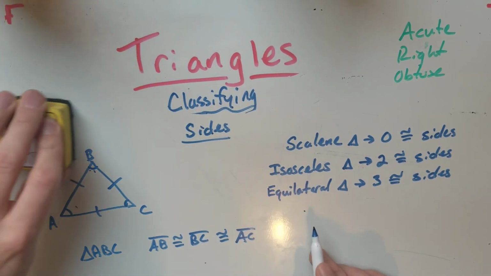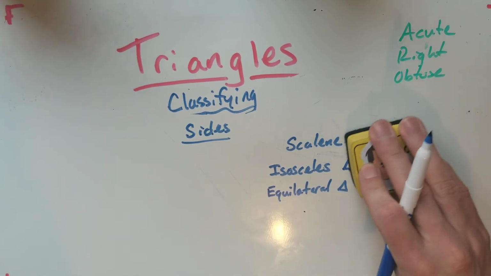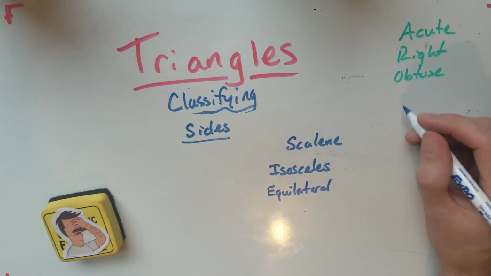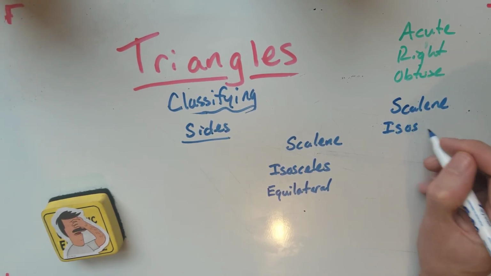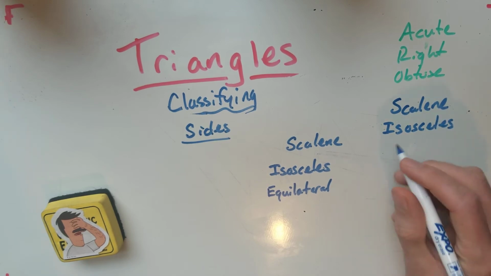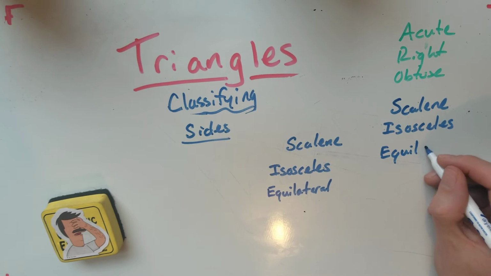So this is our third way to classify by the sides, or sometimes really using the angles as well. We have scalene, isosceles, and equilateral. So I'm going to write those over here. When you are classifying a triangle, you're going to use one of each category.